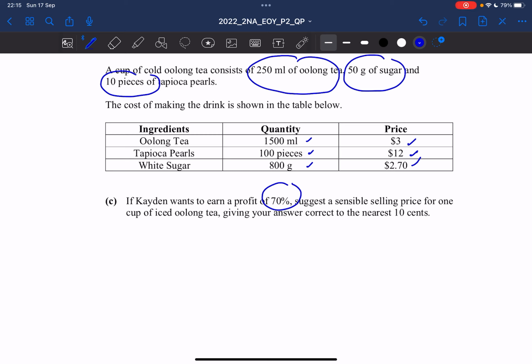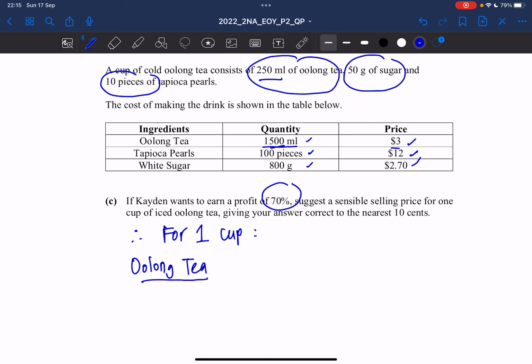So for oolong tea, the quantity 1500 ml is $3. So therefore, for 1 cup of our oolong tea, we need 250, but they put here 1500 ml.